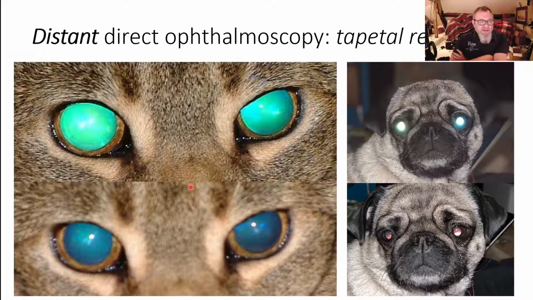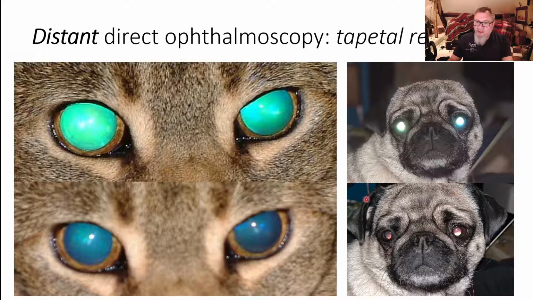When she looks straight towards us, we've got this lovely bright green reflection caused by a loss of retinal thickness and increased reflection through that thin retina. But when she directs her gaze slightly away from you, it turns this duller blue colour. So when you do distant direct, talk to your patients, whistle, click your tongue, get them to look at you, and you will see that will give you more information than just a single look.